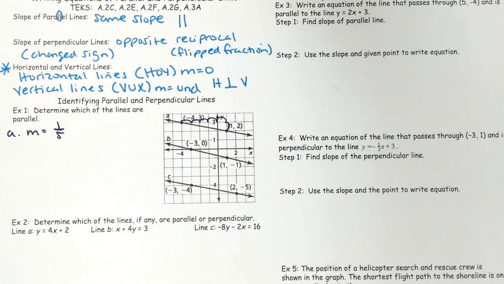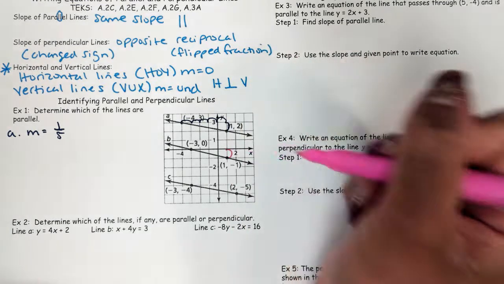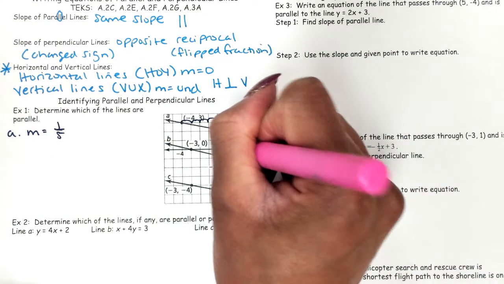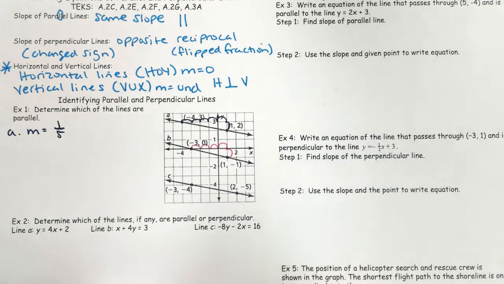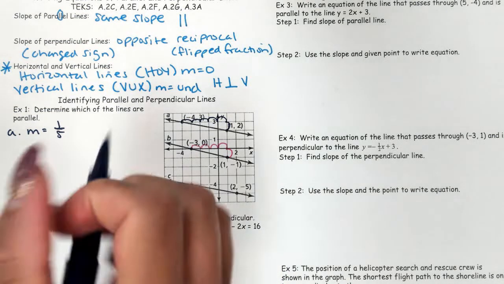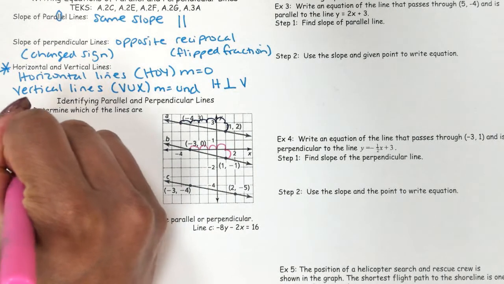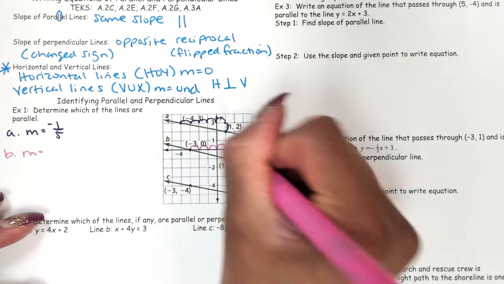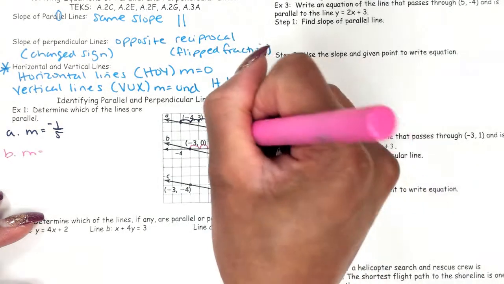Now let's do the same thing for B. So B, I rose 1 and then I ran 1, 2, 3, 4. Okay, and note, I forgot that this is a negative. So for B, I rose up 1 and then I went to the left 4.